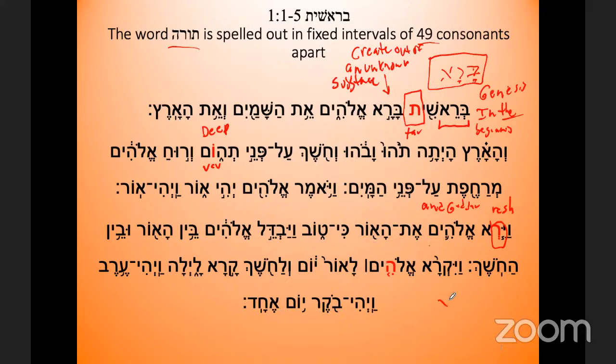There is another word El, which is singular, but a lot of times we see Elohim, and it's in the plural form, and then we have a Hey. We have Tav, Vav, Resh, Hey. It gives us the word Torah. Okay, 49 intervals apart.